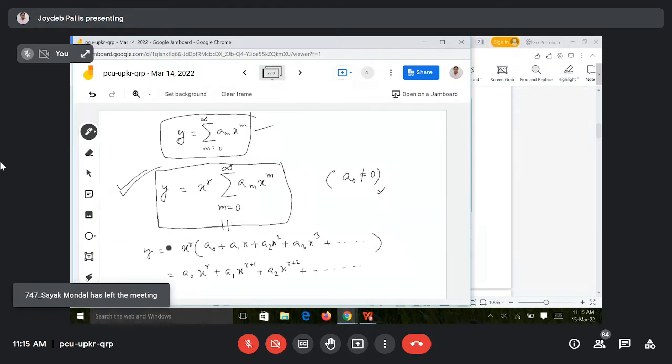And that means in explicit form I can write x to the power r into a naught plus a1 x plus a2 x square plus a3 x cube up to infinite, that is a naught x to the power r plus a1 x to the power r plus 1 plus a2 x to the power r plus 2 and so on. So you have to find the value of r and the coefficients, then we are done. Fine.